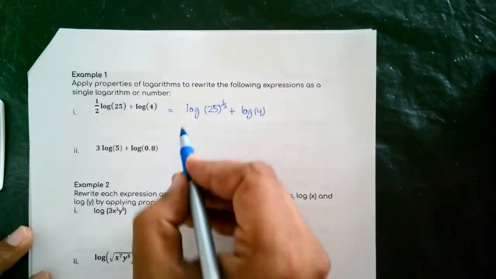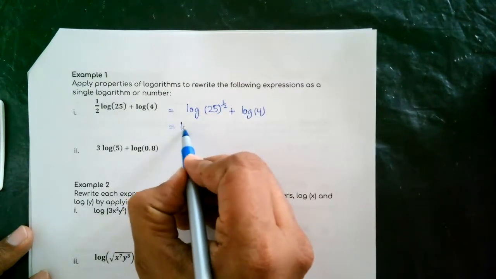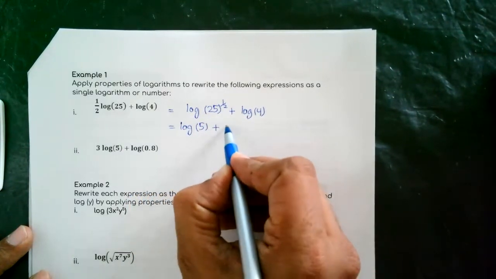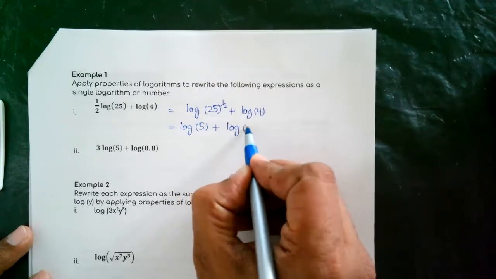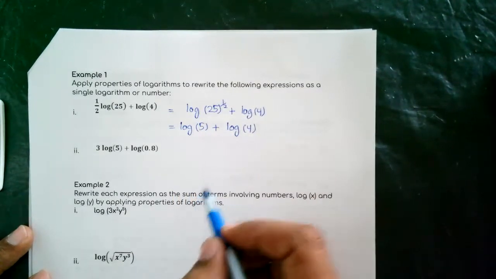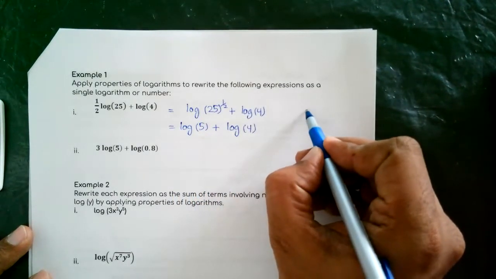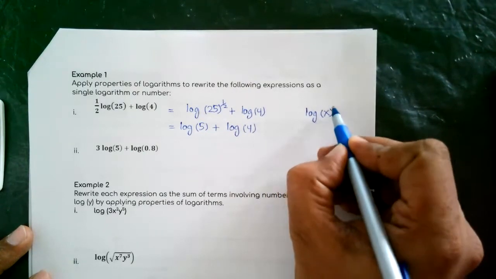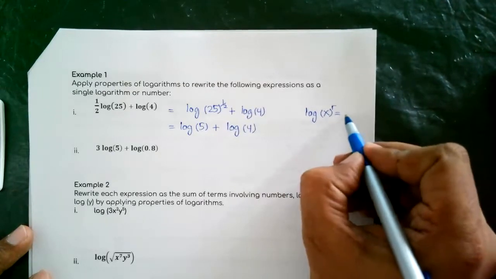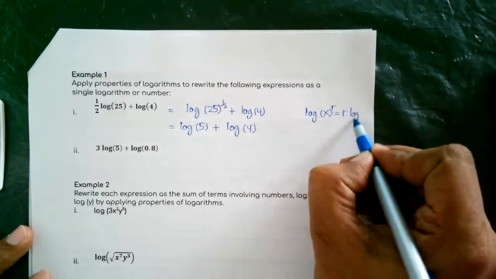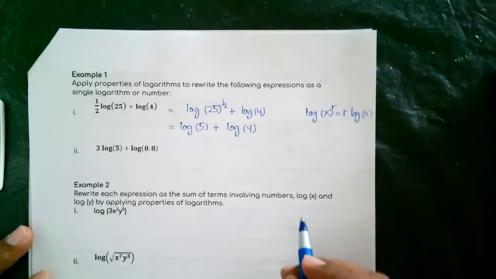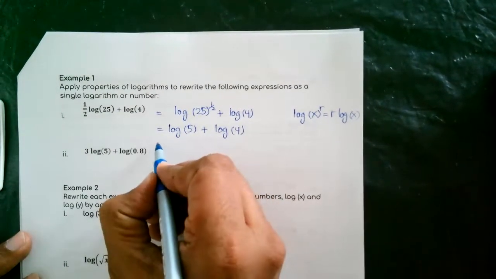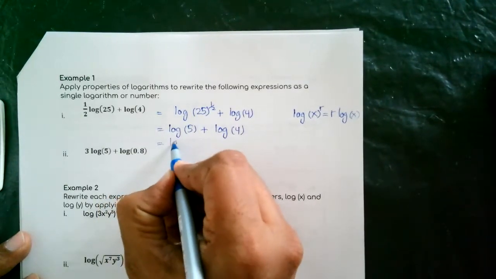It's 5 times 5. So I can write again as log of 5 plus log of 4. In this case, I used the property that log of x with an exponent of r is equal to r log of x.